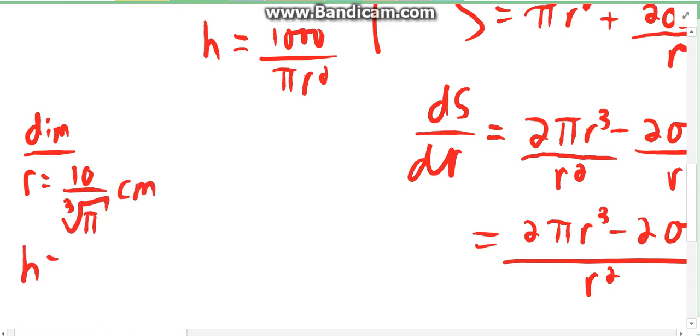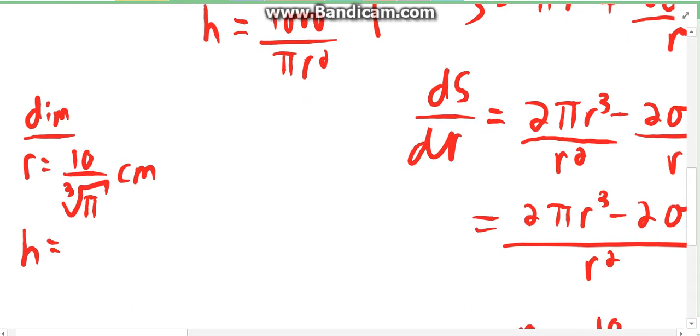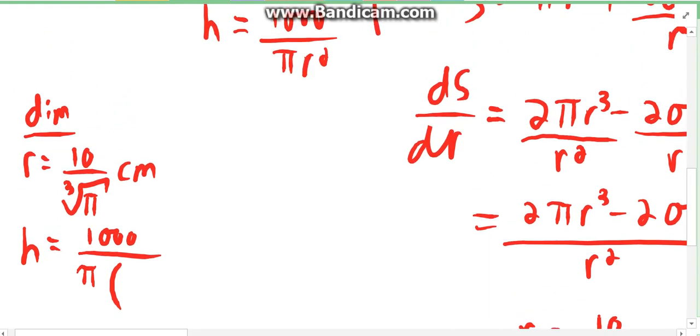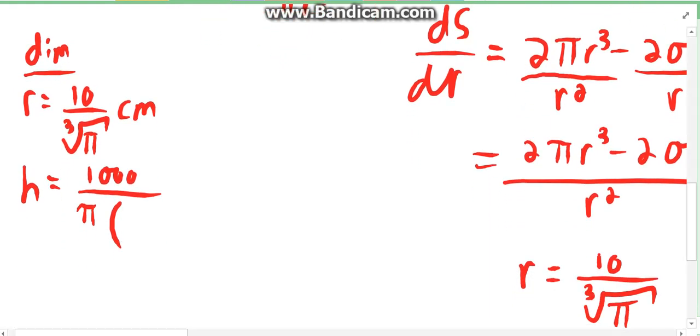And the height, if you plug that in, you're going to get 1,000 over pi times, and this is just ridiculous, but we can simplify this down a little bit. We're going to square that number, so we're going to get 100, because that's 10 squared, over pi to what power? The cube root makes it to the 1/3, and then we're squaring it, so it's to the 2/3.